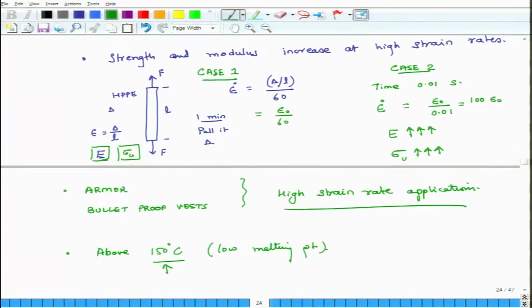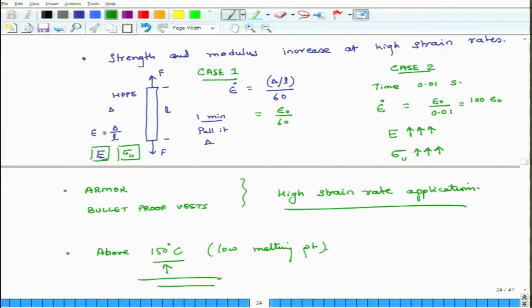So, if the overall temperature of the system is high or even moderately high, we cannot use these types of fibers, but Kevlar you can use. Kevlar can go up to 500 degrees centigrade. This one maybe works around 100 degrees centigrade, but above that it will not work. But if at room temperature you want a bulletproof vest or some high strain rate application, this will do just fine. So, this is about HPPE fibers.